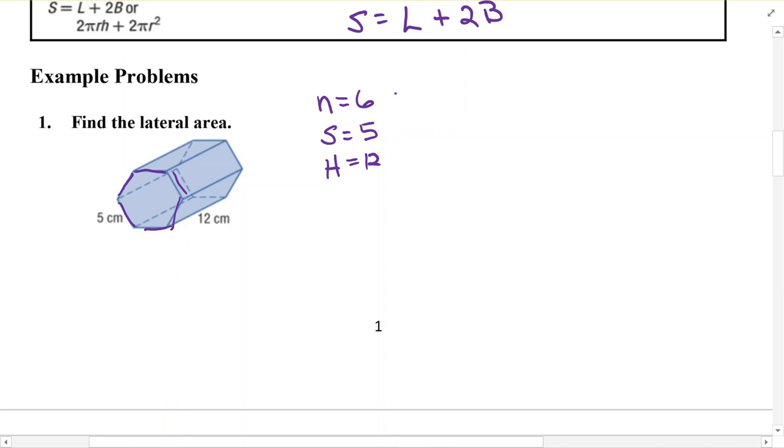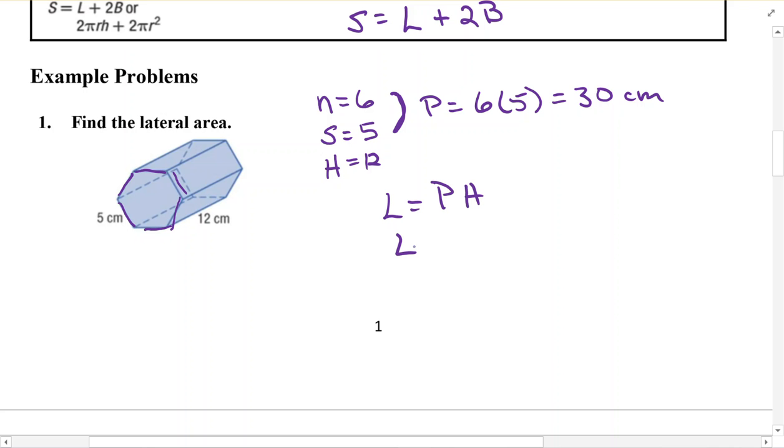So the perimeter would be 6 sides times the length, which is 6 times 5, which is 30 centimeters. The lateral area would be the perimeter times the height, which is 30 times 12. And we have that the lateral area is 360 centimeters squared.